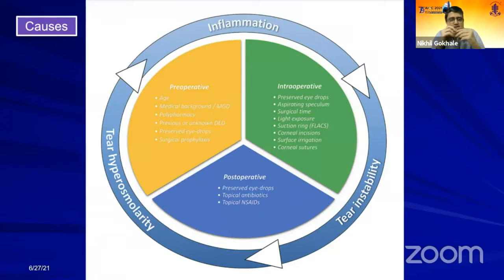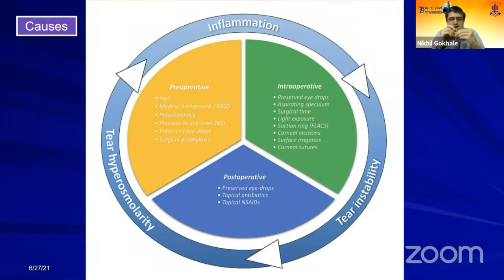So some of the factors in the preoperative period may be, for example, elderly age, the presence of dry eye disease preoperatively, which may or may not be picked up by us, the presence of Meibomian gland disease, and the use of several drops preoperatively may add to the problem of the dry eye situation. During surgery, of course, we sometimes put a lot of drops.